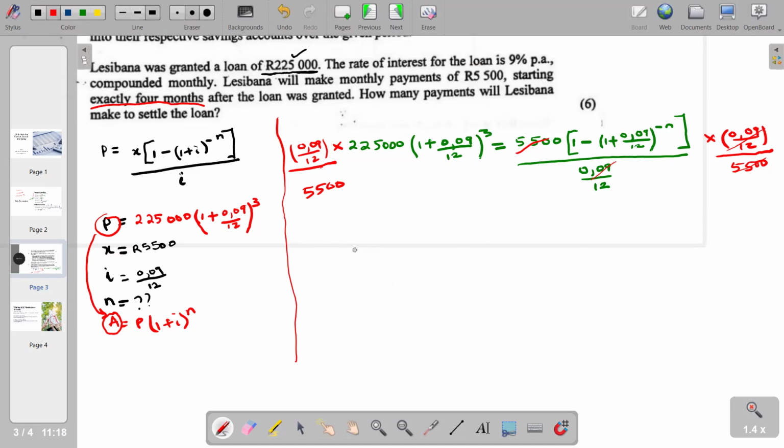On the left-hand side, it's going to be equal to 1 minus 1 plus 0.09 over 12 to the power negative n. For the other side, we are going to use our calculator.